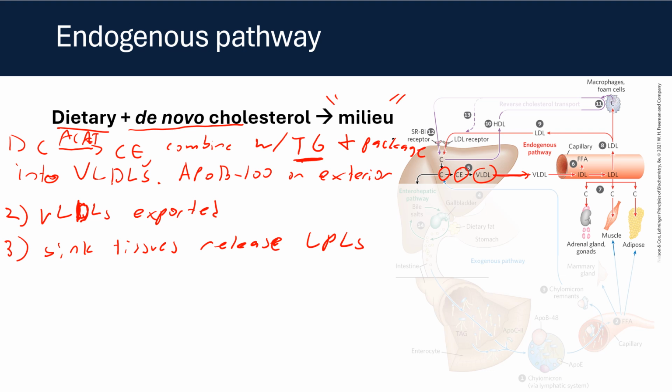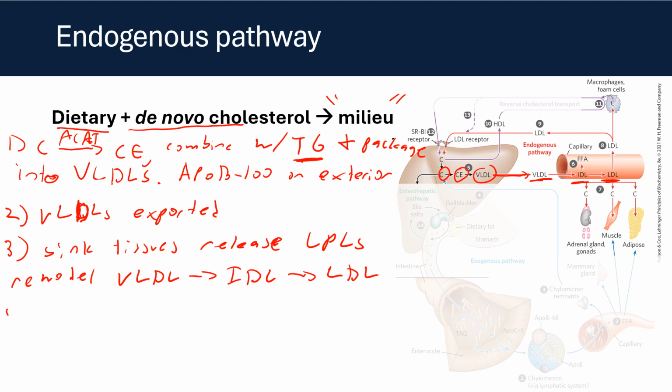As we do that, we are going to remodel or change the VLDL, first into IDLs, intermediate density lipoproteins, and then LDLs, low density lipoproteins. As we remove the triglycerides from these lipoprotein particles, the cholesterol ester content is going to concentrate.